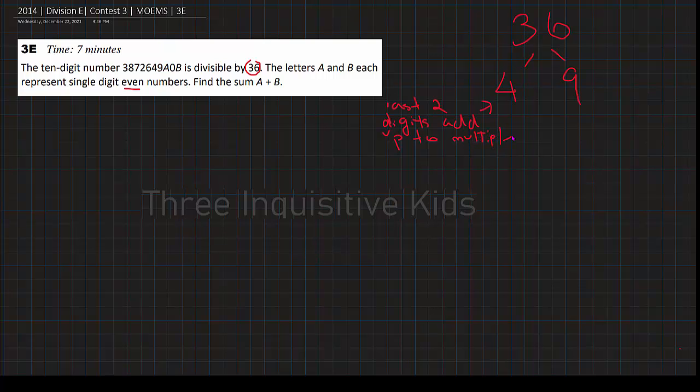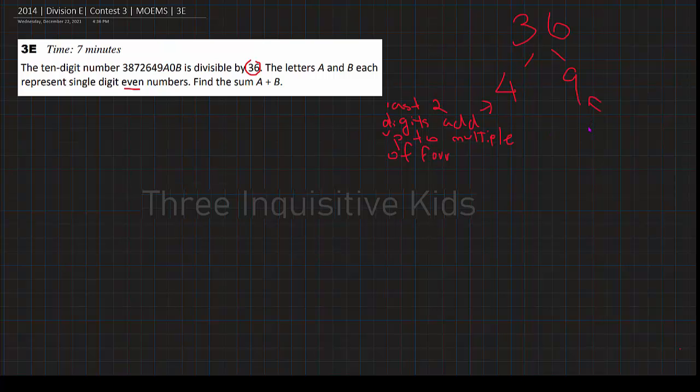So that's a pattern. There are lots of these patterns, and if you memorize them, these number sense problems get easier. Therefore, any number that's a multiple of 36 is a multiple of 4. If you look right here, A0B has B as the last digit, so that's okay.